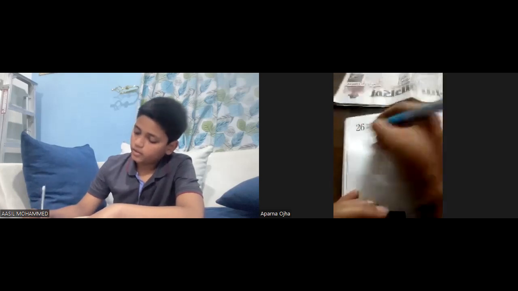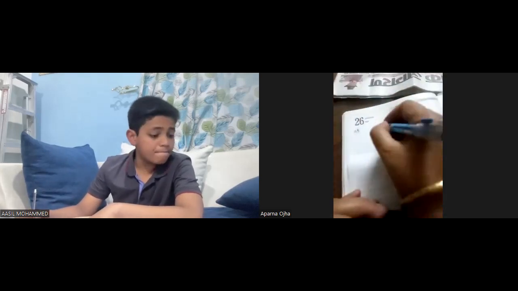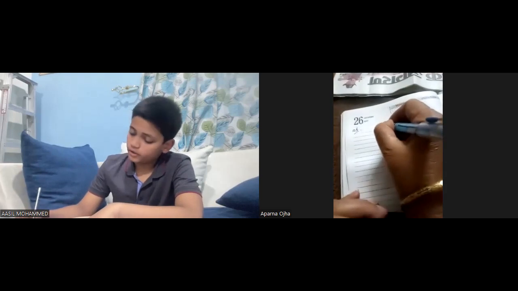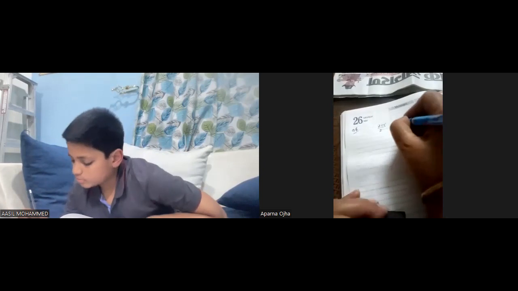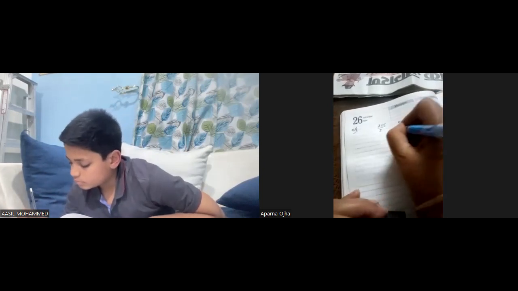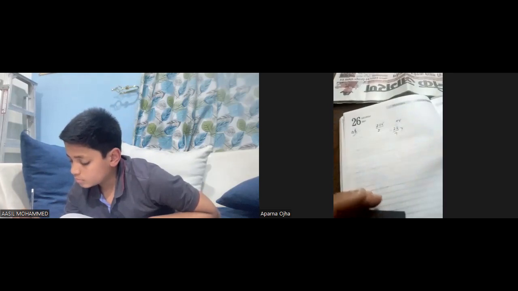Pi r, the pi value is equal to 22 by 7 multiplied by 2.8. Radius is how much?